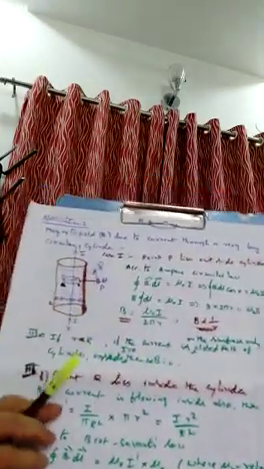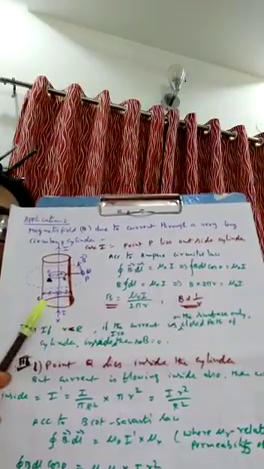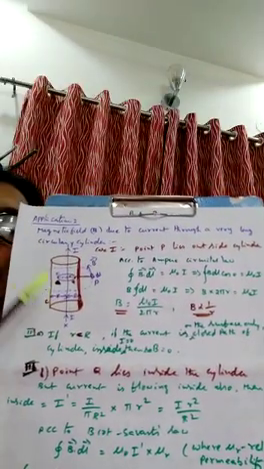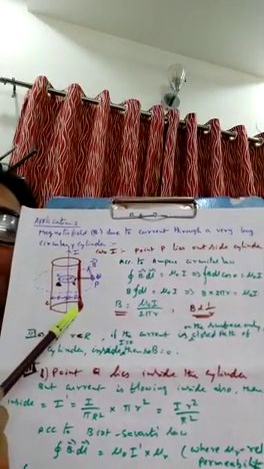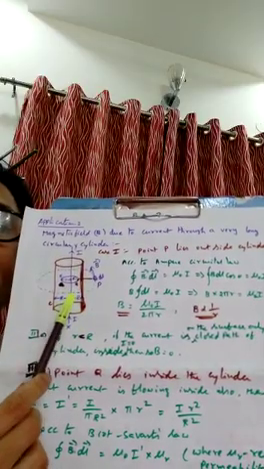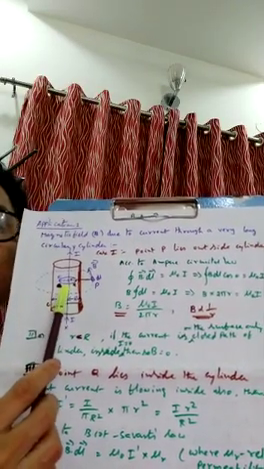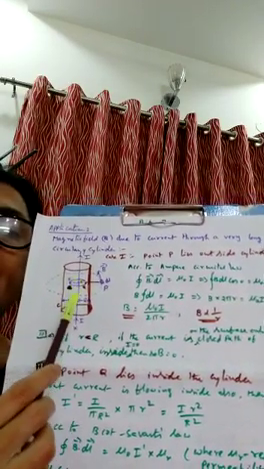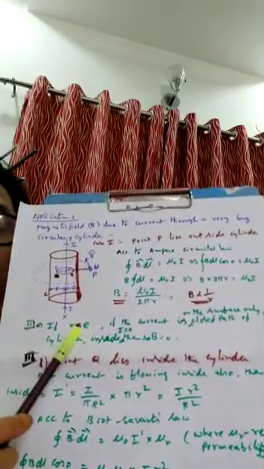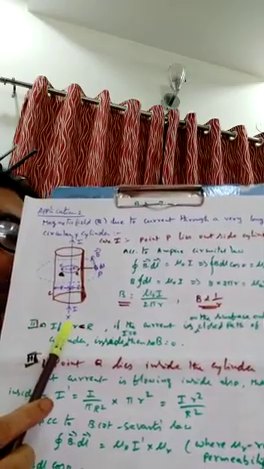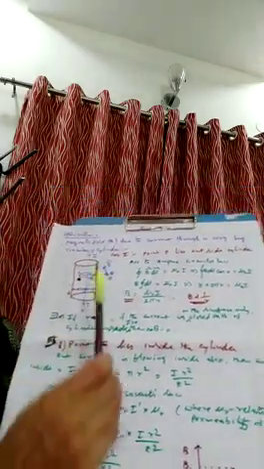Suppose the current is flowing only on the surface and there is no current flowing inside, then the value of I is 0, so the value of B is 0. That is part A of this case. Suppose the current is flowing inside, then how much magnetic field is there? That we are going to discuss now.